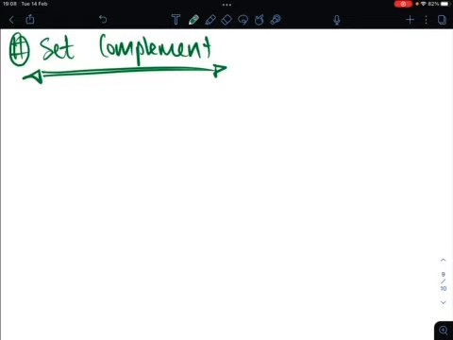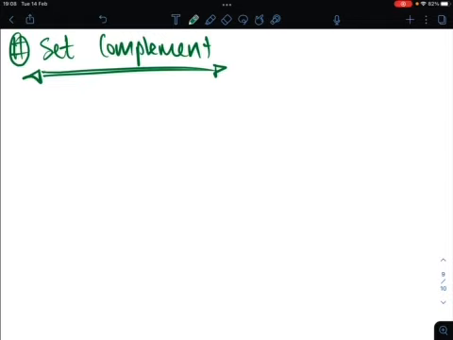But one thing that you should always have at the back of your mind is that everything that we deal with in mathematics must come from somewhere. You see that? So even those particular sets that you'll be given at that point in time, it's not something that has just been created from nothing. All sets come from a certain bigger set, which we can say is like the whole universe of sets. Sets live in their own universe, which we usually refer to in mathematics as the universal set.